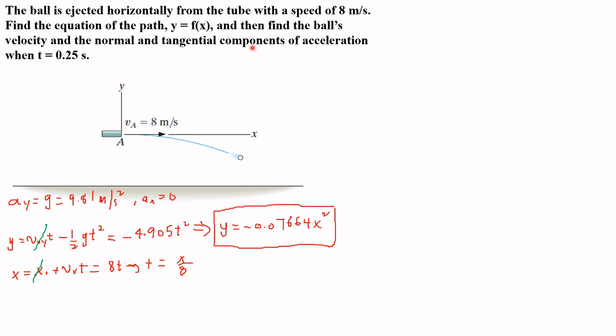Now next, find the ball's velocity. How to do that? Remember what we said: this velocity will be constant in the horizontal direction. The only velocity that will change is in the vertical direction. Initially we have no velocity in the vertical direction, but due to the acceleration it starts to change. So we'll have something here.